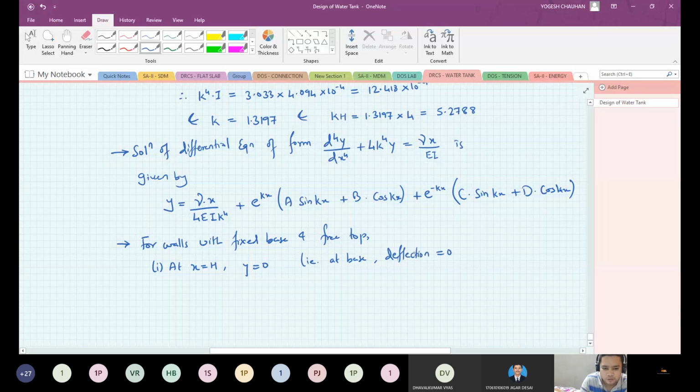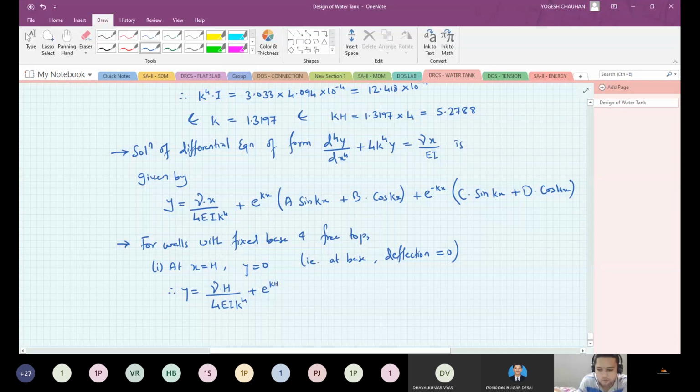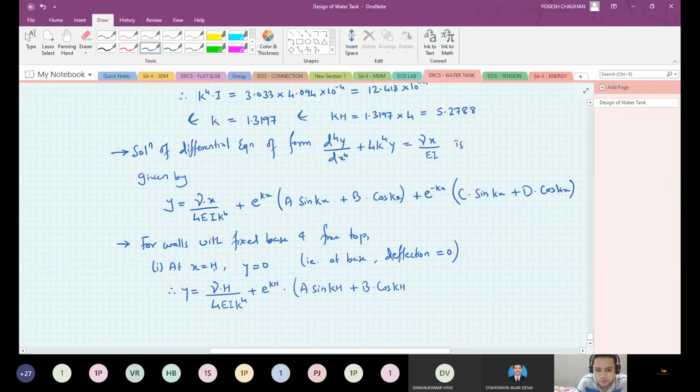Therefore y is equal to gamma h by 4 E I k to the power 4 plus e raised to the power kh times (A sin kh plus B cos kh), plus e raised to the power minus kh into (C sin kh plus D cos kh).